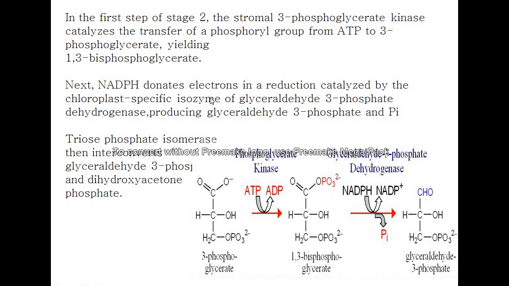So in the first step, the phosphoglycerate kinase transfers phosphate group to 3-phosphoglycerate, making it 1,3-biphosphoglycerate, and in the next step, NADPH donates the electrons in a reduction that is catalyzed by the enzyme dehydrogenase, to produce glyceraldehyde 3-phosphate and inorganic phosphate.